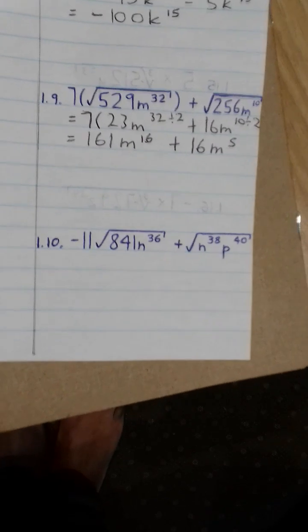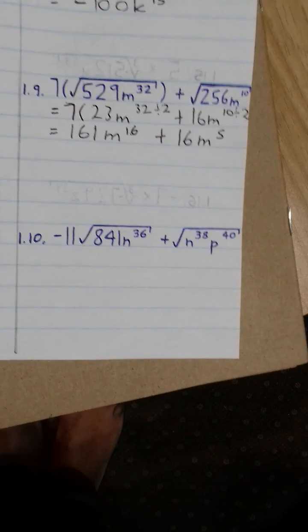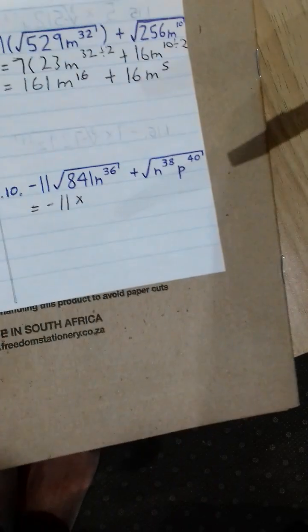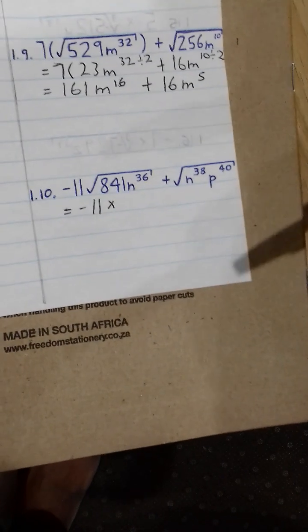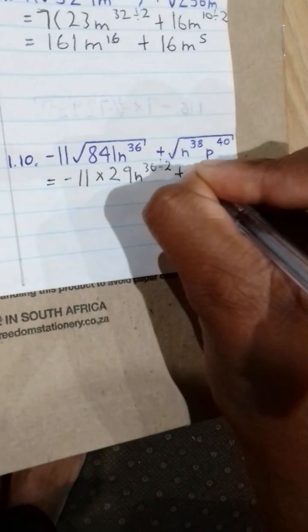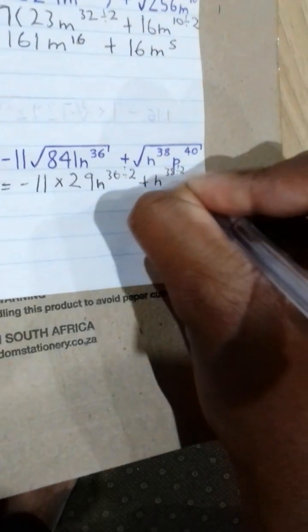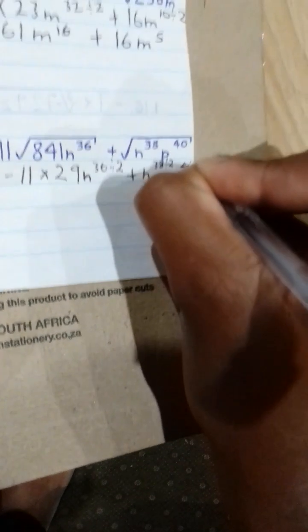1.10, negative 11 square root of 841 n to the power of 36 plus square root of n to the power of 38 p to the power of 40. Negative 11 times square root of 841, 29, n to the power of 36 divided by 2 plus n to the power of 38 divided by 2, p to the power of 40 divided by 2.